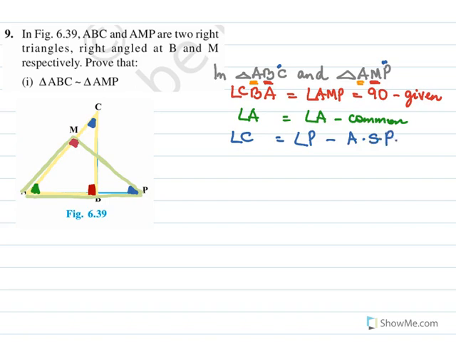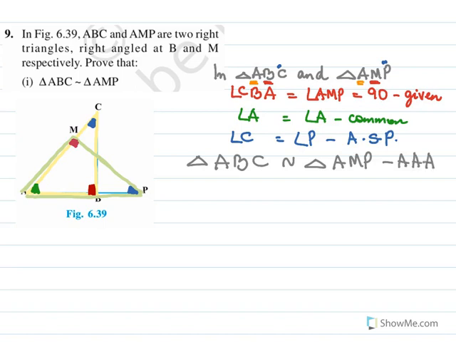So the three angles of one equal to three angles of the other, the triangles are similar. So triangle ABC is similar to triangle AMP by AAA test.